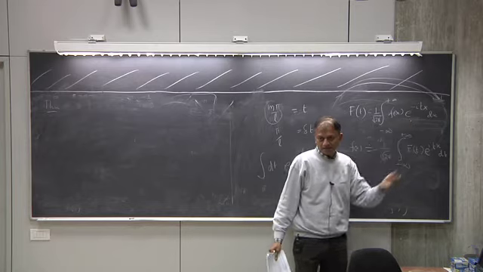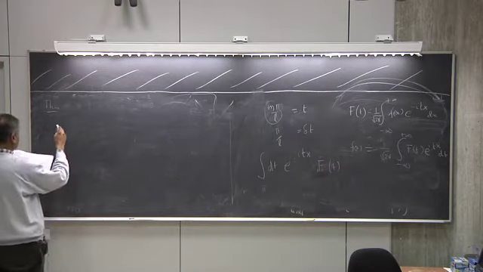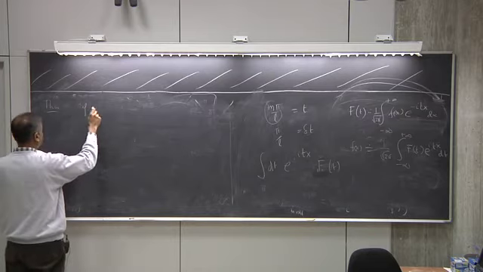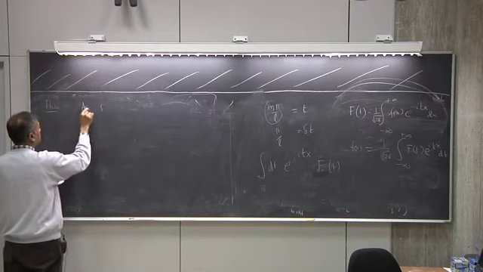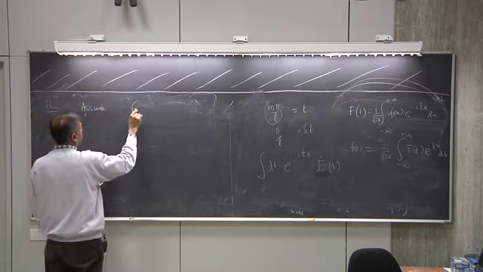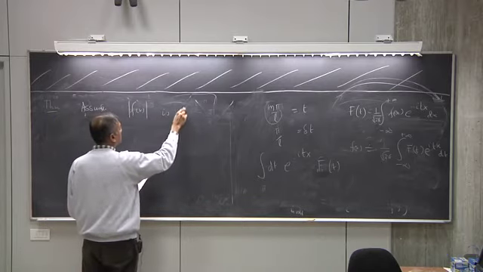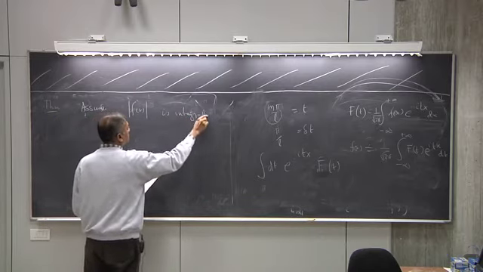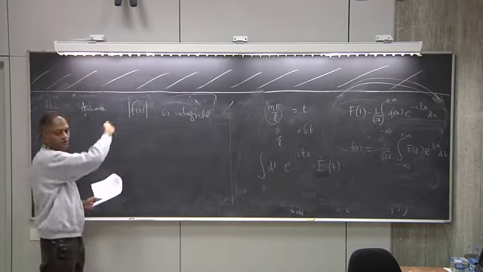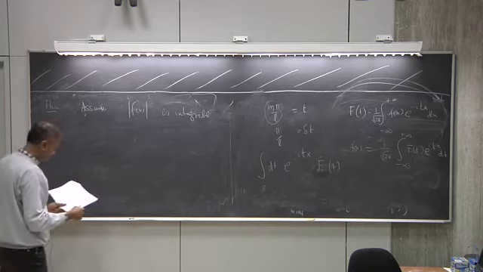So the first statement is: assume that the modulus of f(x) is integrable, which means that the integral of this from minus infinity to plus infinity exists. So that's the assumption.